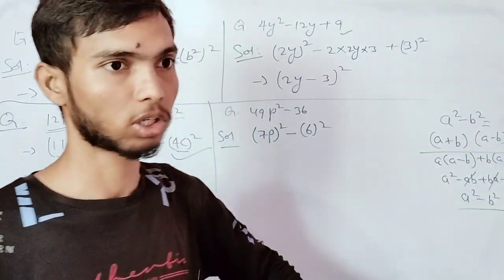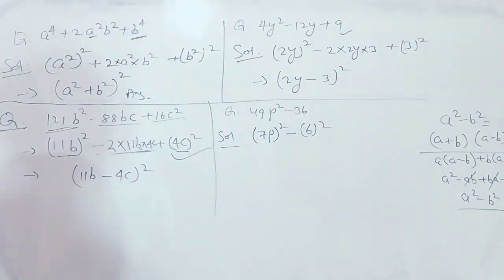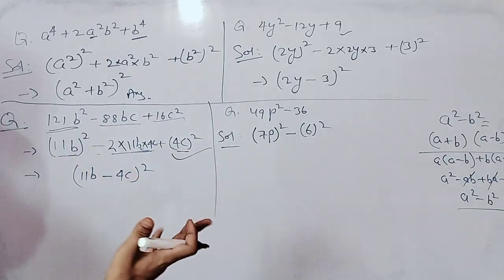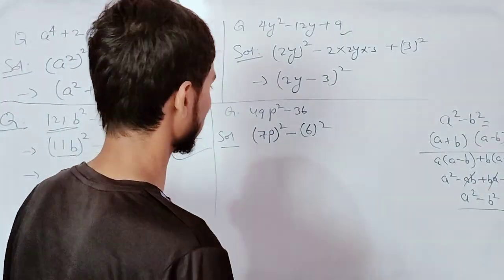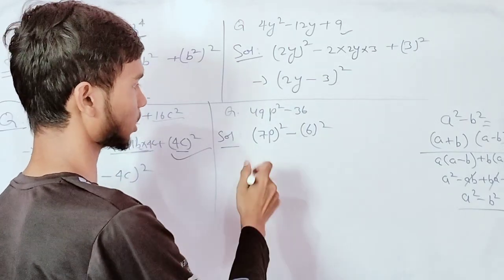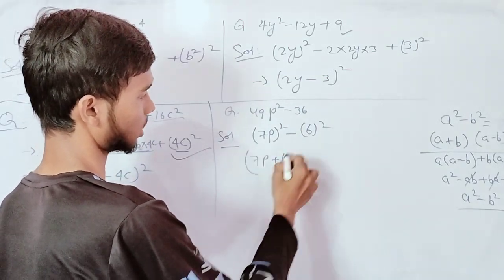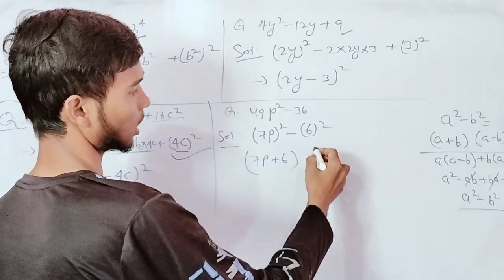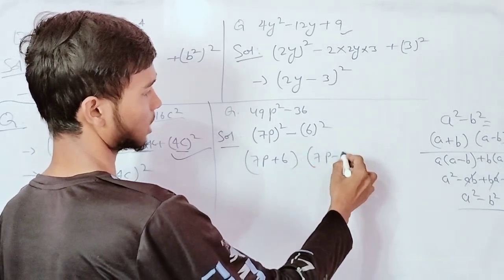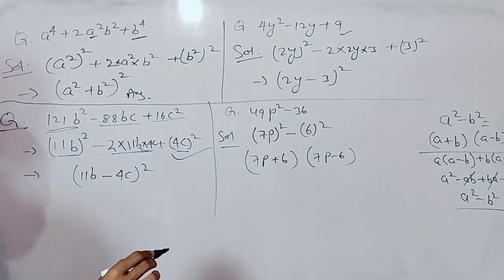Minus comes when there is a combination of two different operators, like plus and minus. Okay. Here it is the value of a and it is the value of b. So 7p plus 6, this is one, and 7p minus 6, this is another one. That's it.